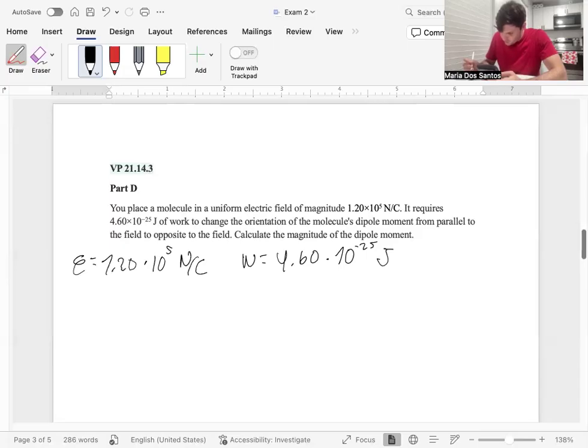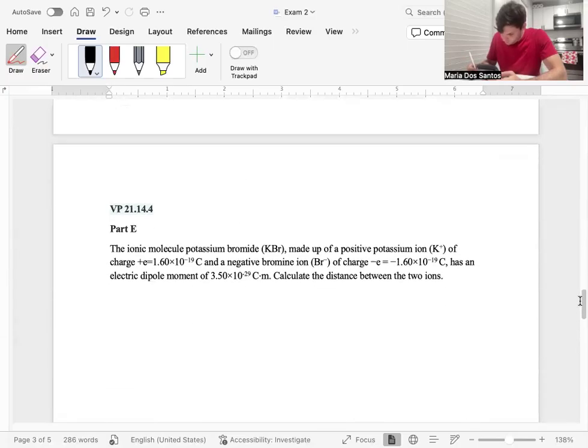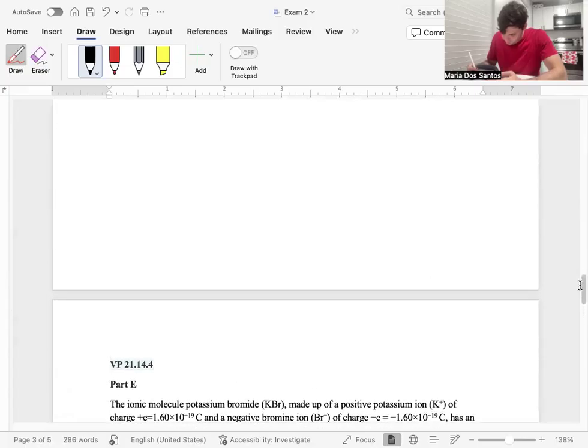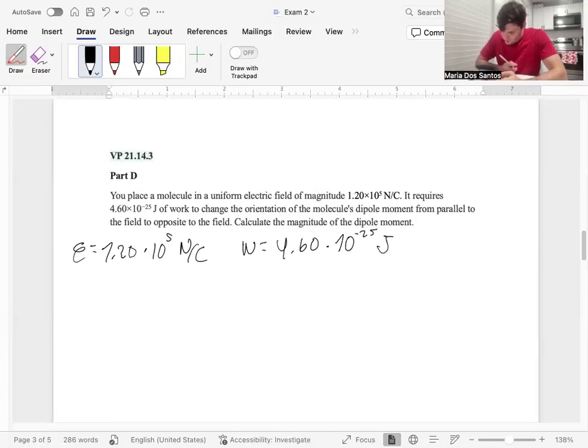The orientation of the dipole moment changes from parallel to opposite to the field. So we have two angles, initial angle and final angle.